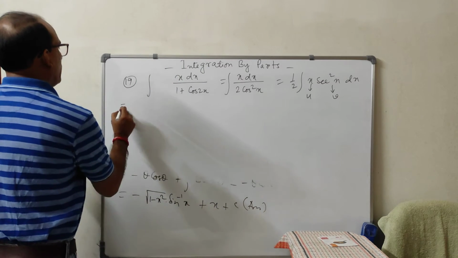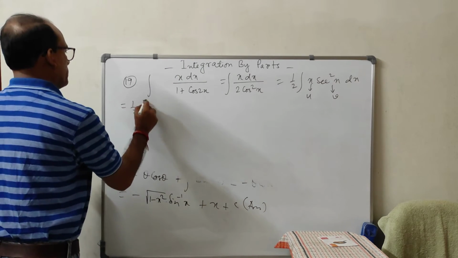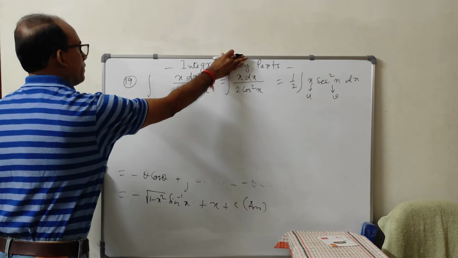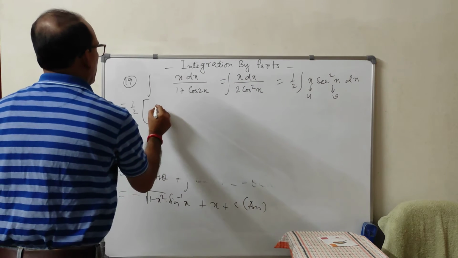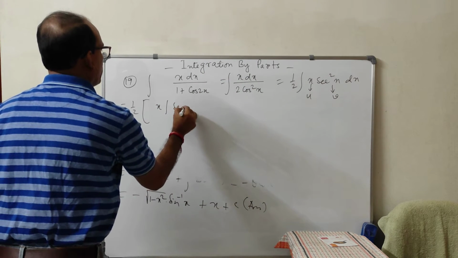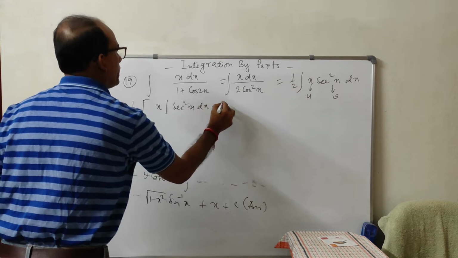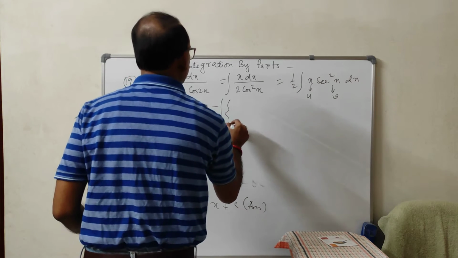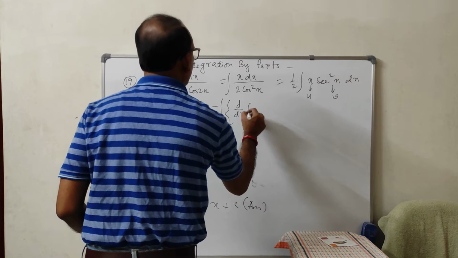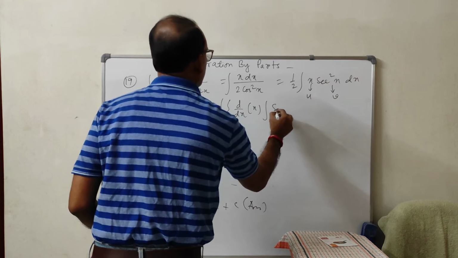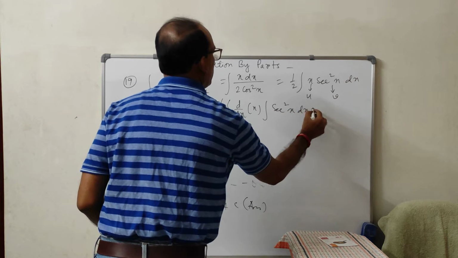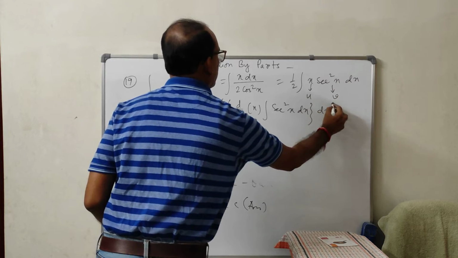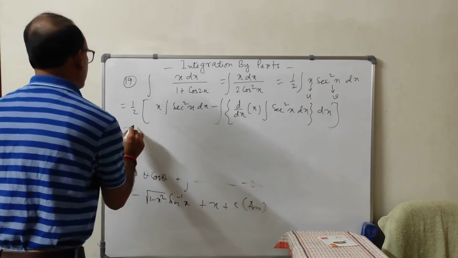And half x integration sec square x dx minus integration of the derivative of x times integration sec square x dx, or dx, is half.